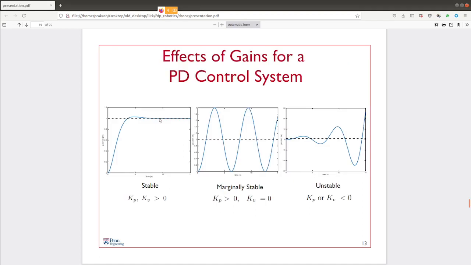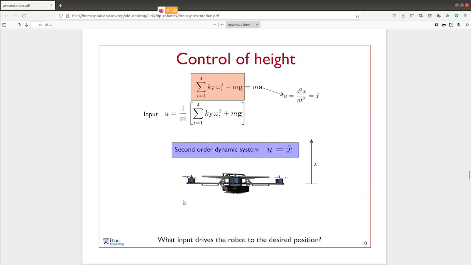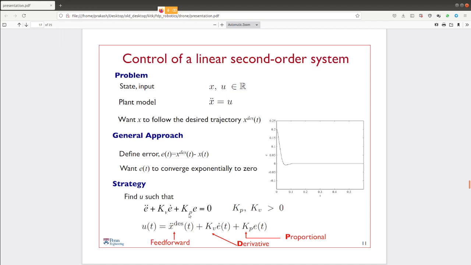So now comes the part of how to choose my Kp and Kv value. One thing is, we have to make sure that Kp and Kv are positive. Once again I'll go to this equation. This equation is like a spring mass damper equation, where mass is 1.